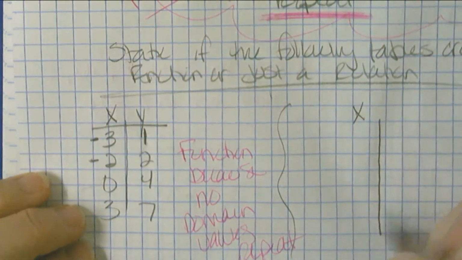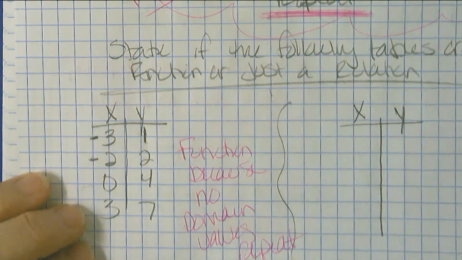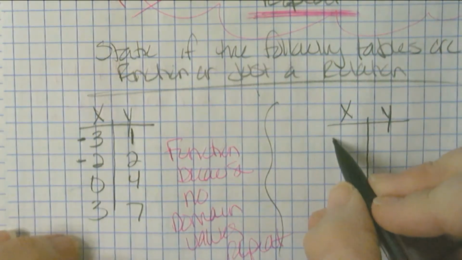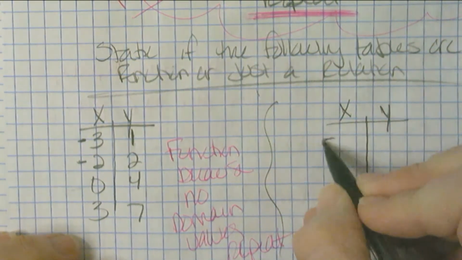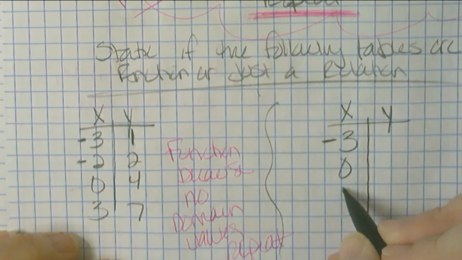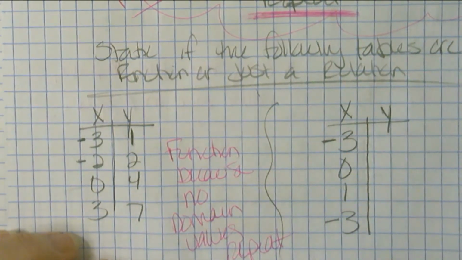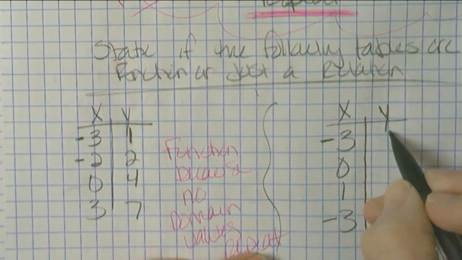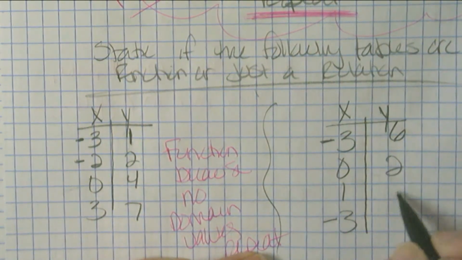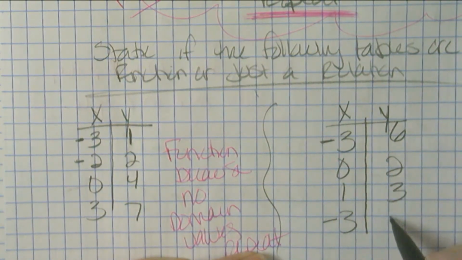All right, let me give you guys another one. It does not matter if your range values repeat. We don't care if the range values repeat. It's only the domain. So let's do another one. So let's do -3, 0, 1 and negative 3. And I have 6, 2, 3, and 5.